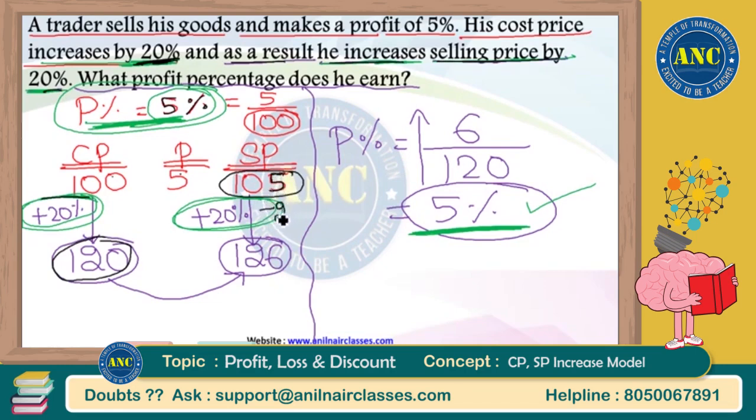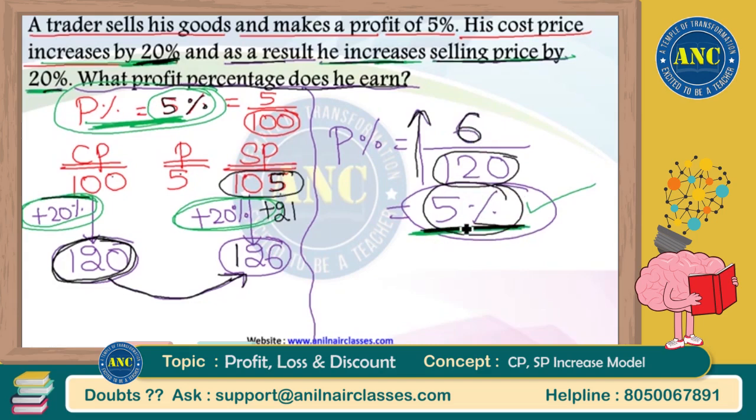It is 21 increase. It became 105 plus 21, 126. What profit percentage does he earn? Initially it was 120. Put it in the denominator because the denominator represents the initial value. 120 is becoming 126. There is an increase of 6. 6 by 120 is again 5%.